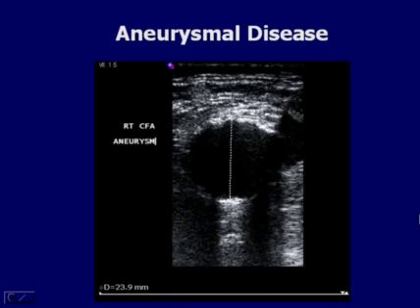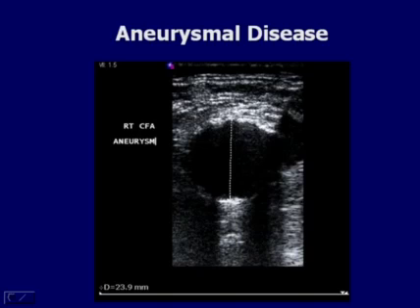Not everything we look at is plaque, and we do evaluate the arteries and find aneurysmal disease. The classic definition of an aneurysm is a 50% increase in the vessel size compared to the more proximal adjacent segment.